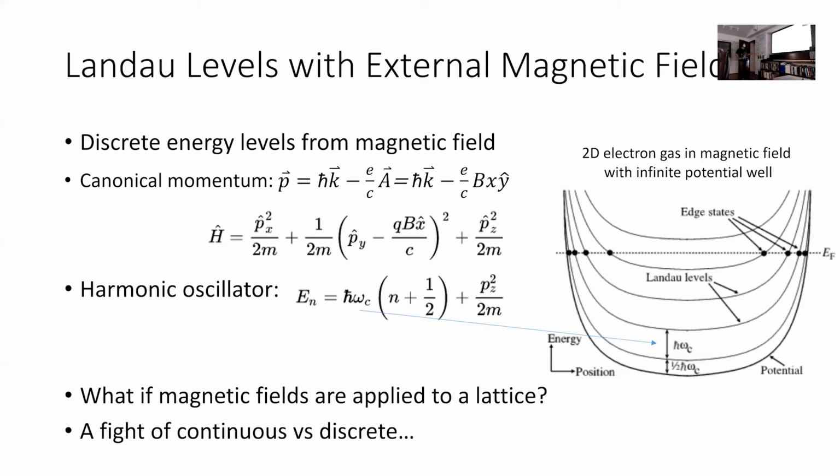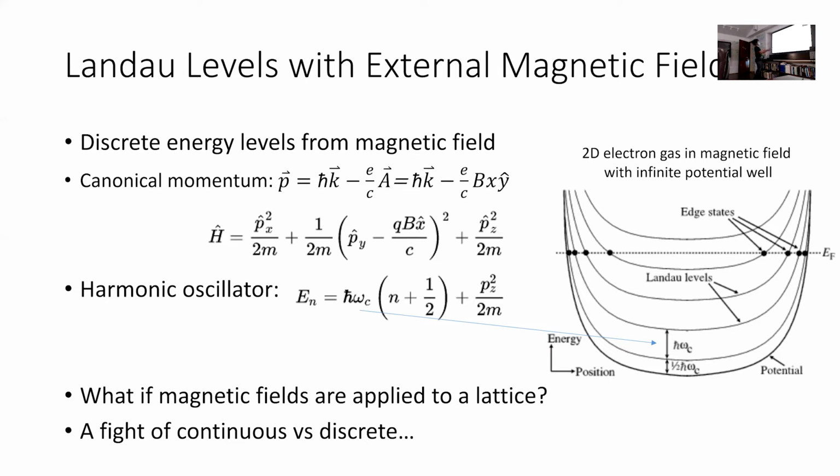OK, and to go into Landau levels, if you apply some external magnetic field, let's just take out the lattice. We're not in a lattice now. Let's just think about a magnetic field. What that does is it gives you some canonical momentum, h bar k. And the canonical momentum includes this electromagnetic potential. And what you can do is choose a gauge.